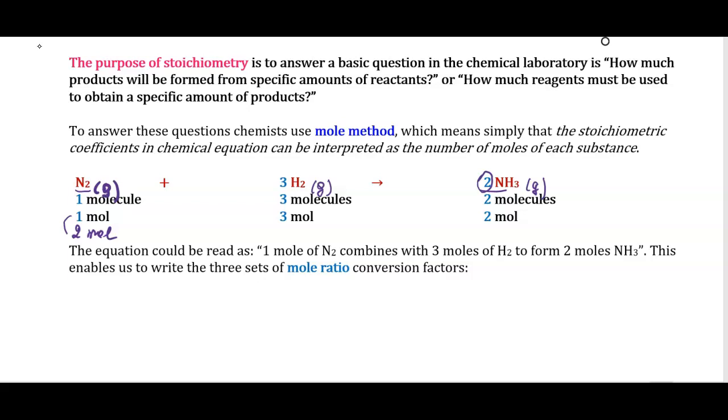So I'm going this way in this equation. What if I have 2 times bigger amount of nitrogen here? That gives me a bigger amount of hydrogen here. So 2 times more, 2 times 3 moles, right? And I will have ammonia 2 times 2 moles, right?